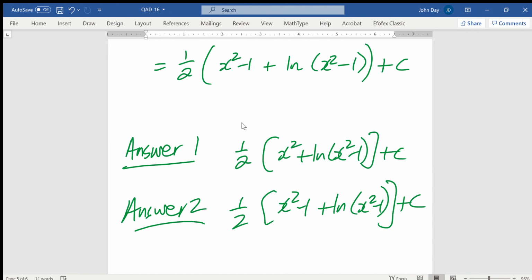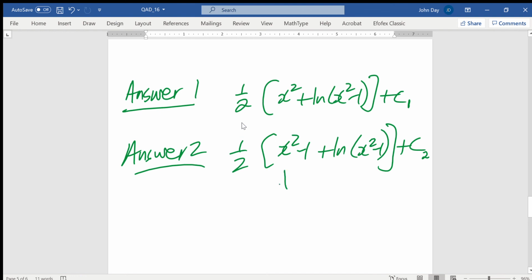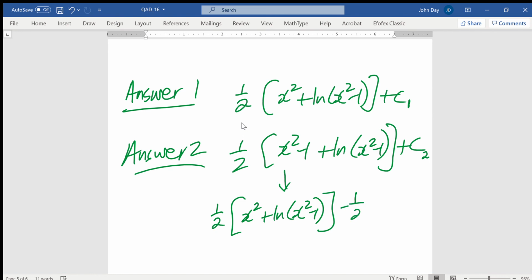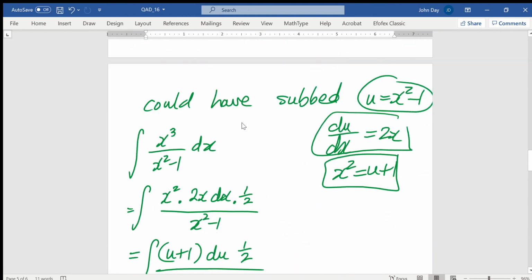Well, I would say that constant and that constant are different, and otherwise the two answers are the same, because this one here is actually a half x squared plus natural log of x squared minus 1, and you've taken the minus a half out, plus c2, so that just equals c1. So it's the same answer. They differ by a constant, and that sometimes happens when you integrate things in two different ways. But the question didn't ask that, so you didn't need to do all those last 2 pages that I did.